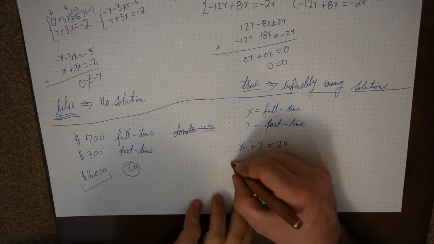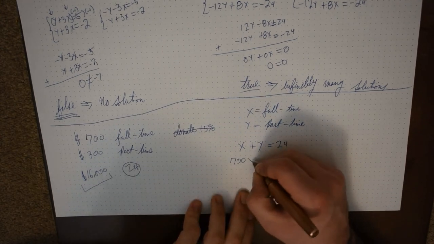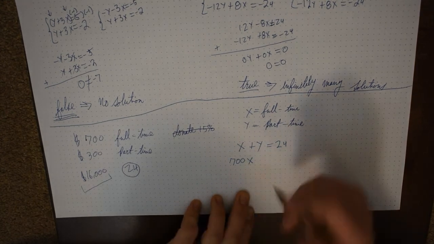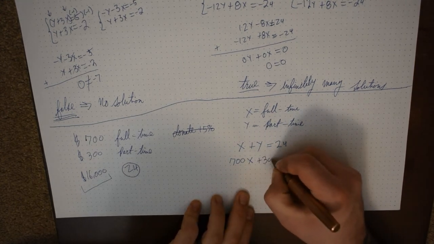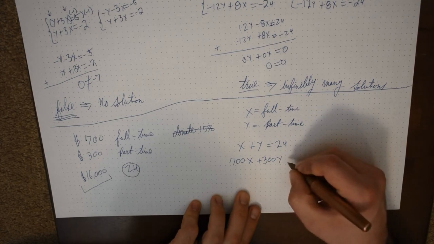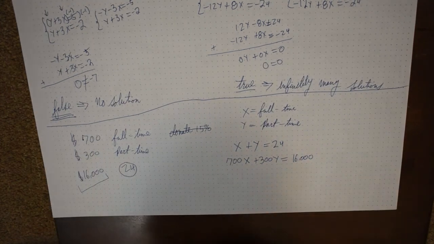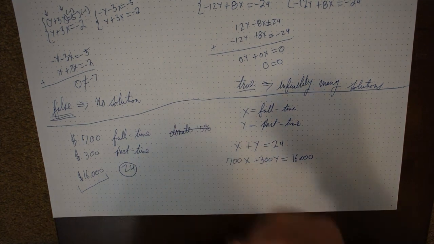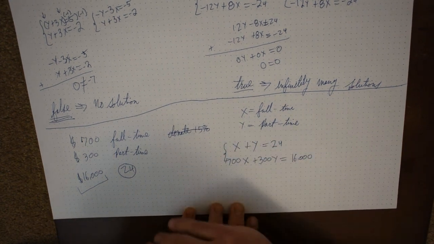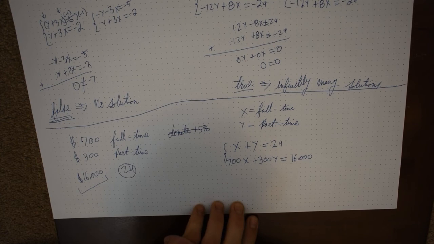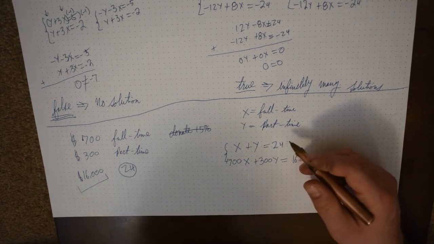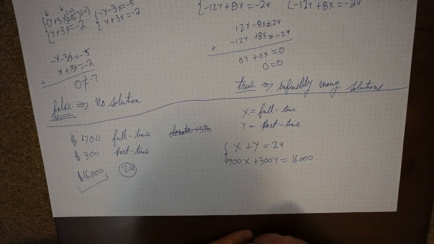And we know that $700 times the number of full-time employees plus $300 times the number of part-time employees equals $16,000, the total amount of money the pharmacist gave out. Well, now we've got two equations with two unknowns, so we can solve for them.